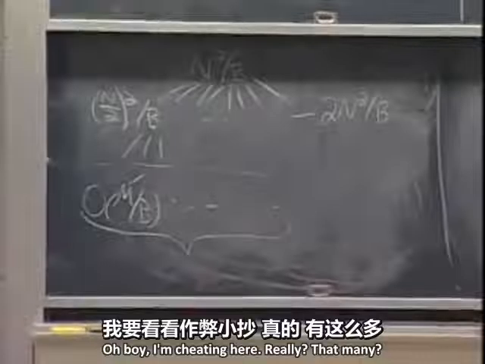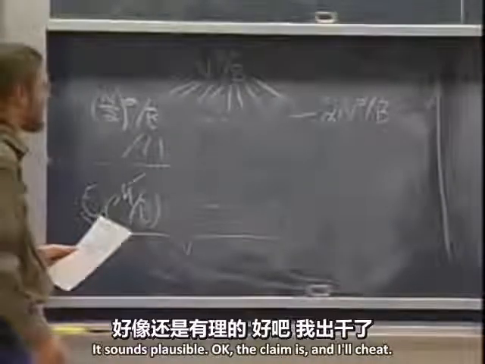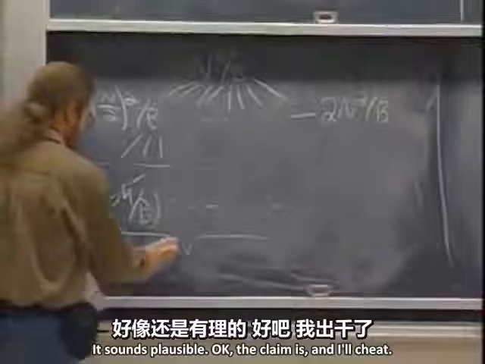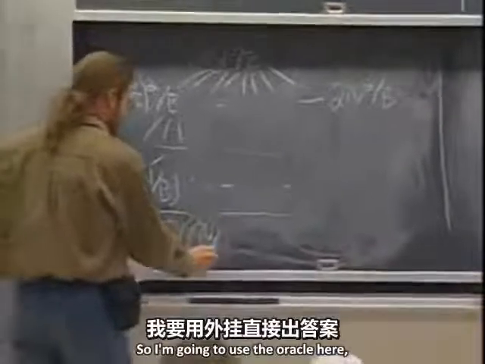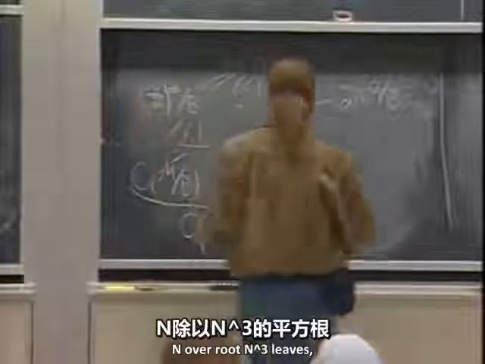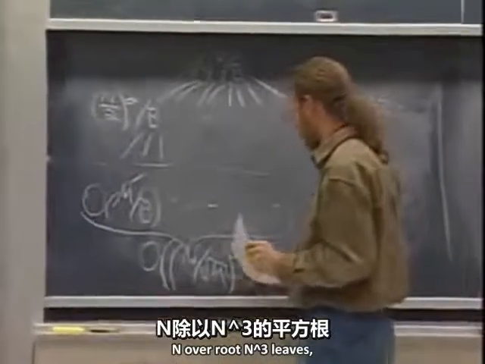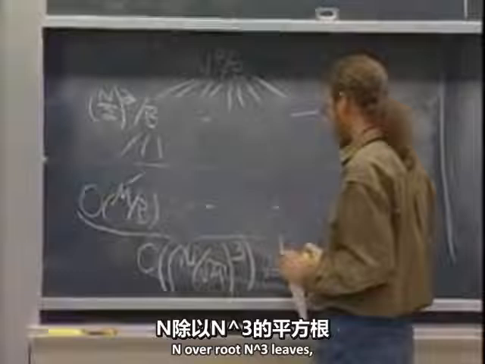Really? That many? Sounds plausible. Okay, the claim is, and I'll cheat, so I'm going to use the oracle here, and we'll figure out why this is the case: n over root m cubed leaves.